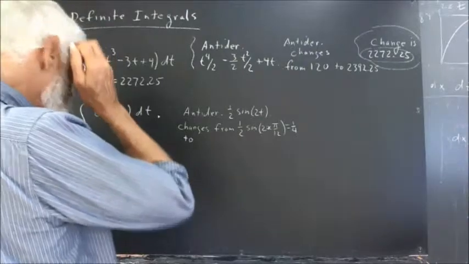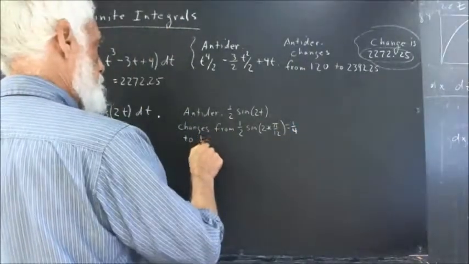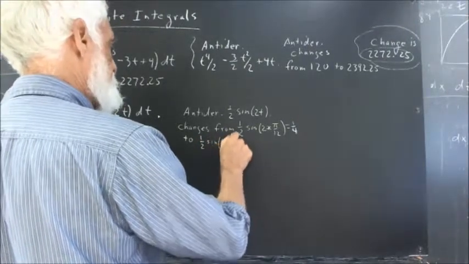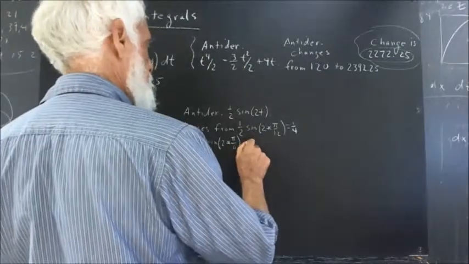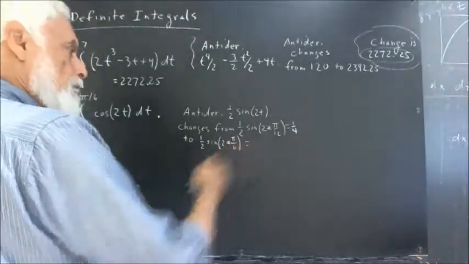And it changes to 1/2 sine of 2 times pi over 6, and that's pi over 3.